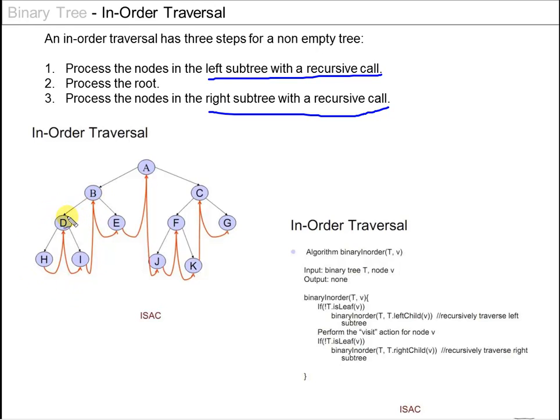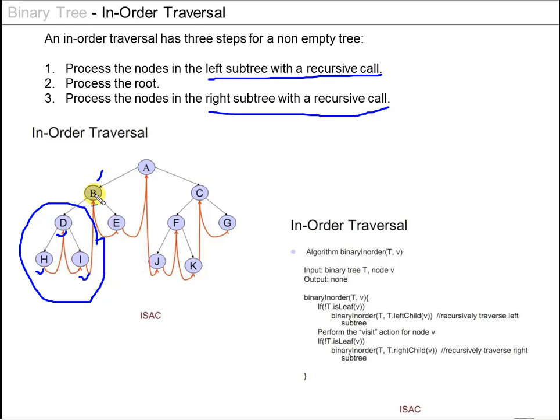In this subtree again I will not process this one, I will process the left subtree. When I reach a left subtree where there is nothing but the root only, then I will process it. And once this one is processed, I will process this root, and then I will go to the right subtree of this one, that is this one. Once this subtree is done, I will process this one.